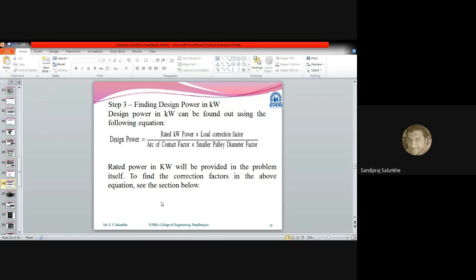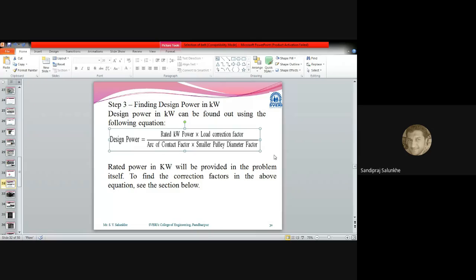Now, what are those factors? Those factors are load correction factor, then arc of contact factor, then smaller pulley diameter factor. Now, what does it mean? Load correction factor means what?